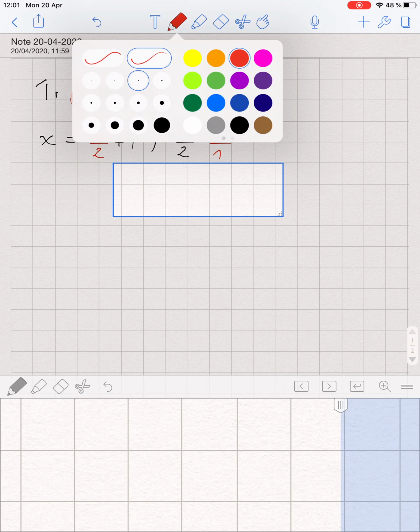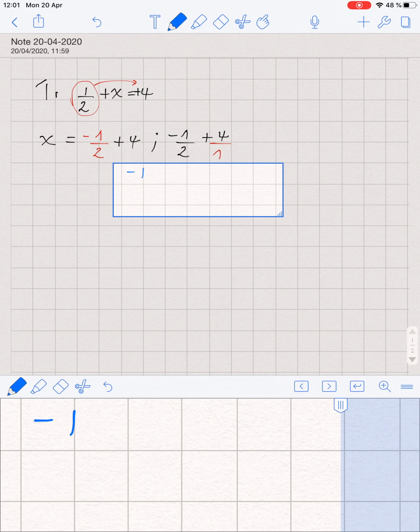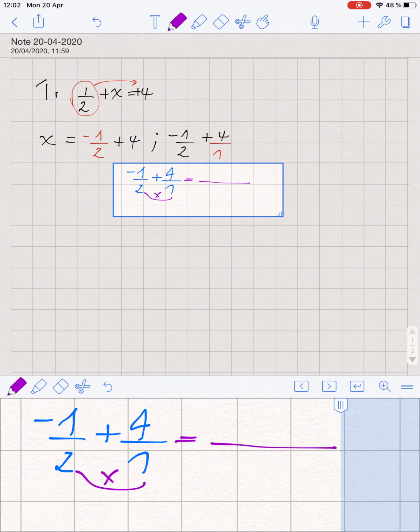Therefore, the easy way to do it is minus 1/2 plus 4/1. In this case, we are going to use the method of multiplying the denominators.